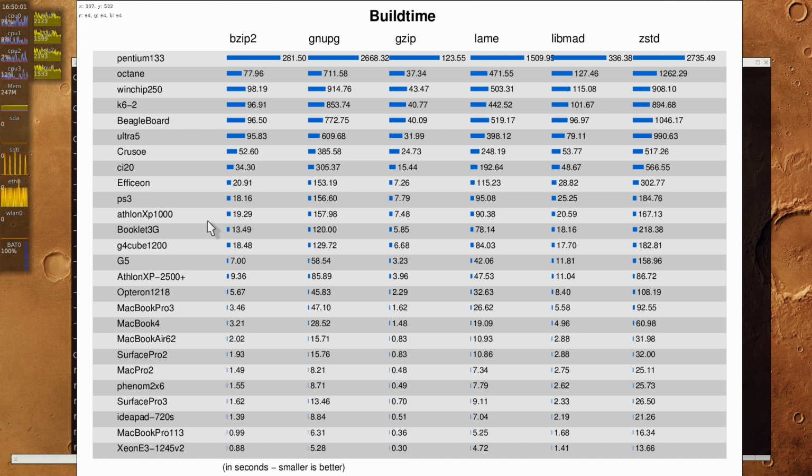And even this Booklet 3G is running a Z series Atom with 1.6 GHz or so. So here you see how slow these Atoms really were when you compare this to much older, much lower frequency Athlons. This Cube is heavily upgraded, so this is 1.2 gigahertz. The original Cube only came with 450 or 500 megahertz.